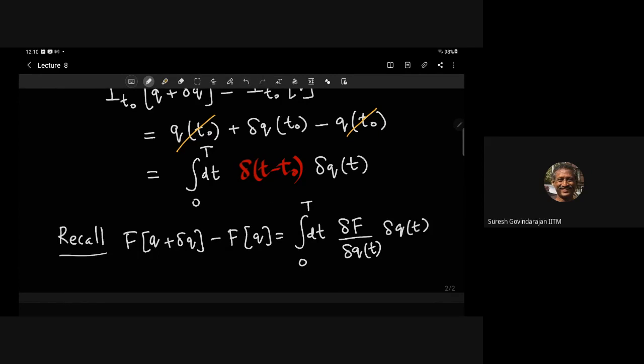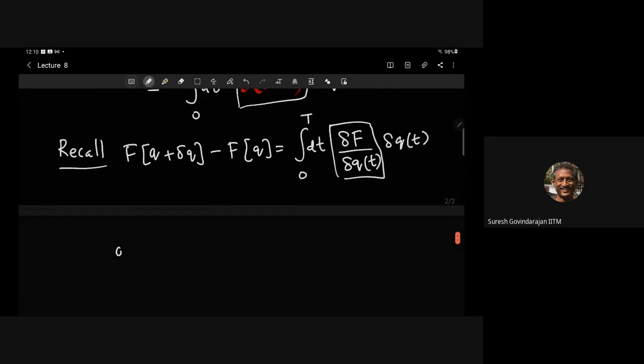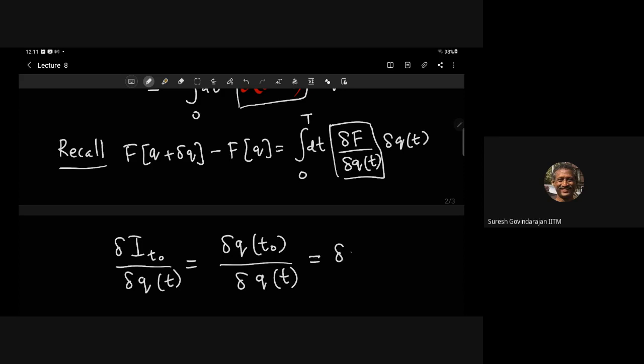That's why I had to write it this way. So now we can see that this quantity is the analog of that. Is this clear? So what we get is delta I at t naught divided by delta q of t, the functional derivative, is equal to delta of t minus t naught.